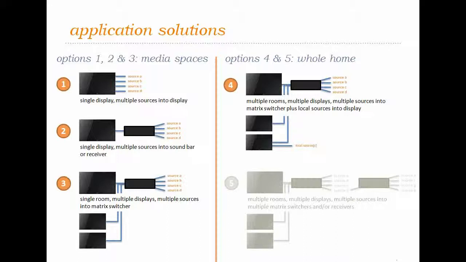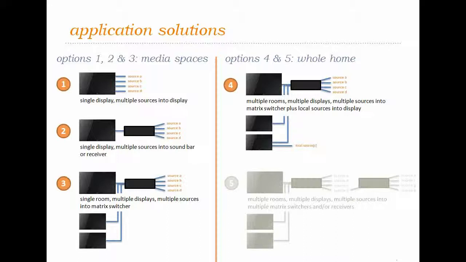Or perhaps in option number 3, which is a little bit more advanced, you're going to be dealing with a single room with multiple displays and multiple sources into a matrix switcher to create a video or an entertainment wall.